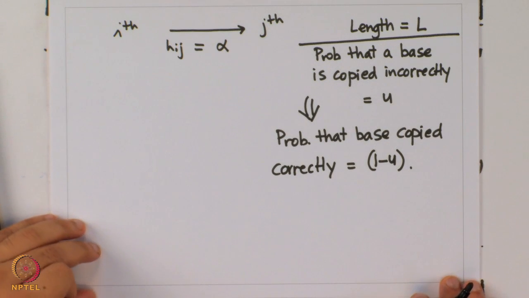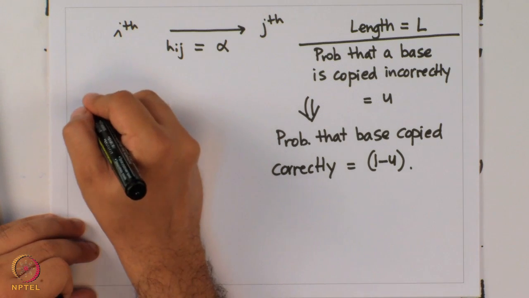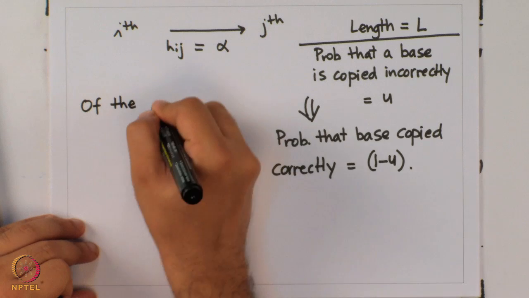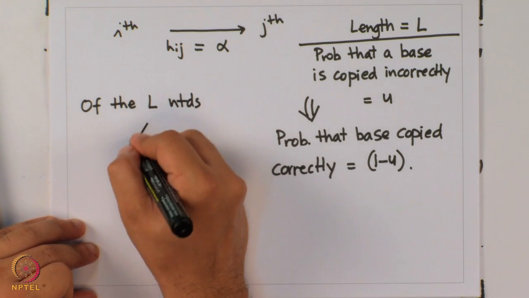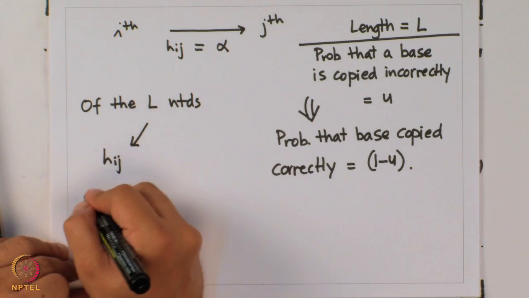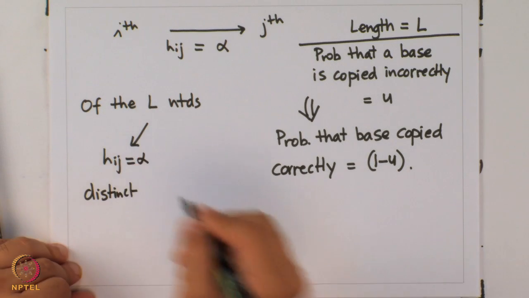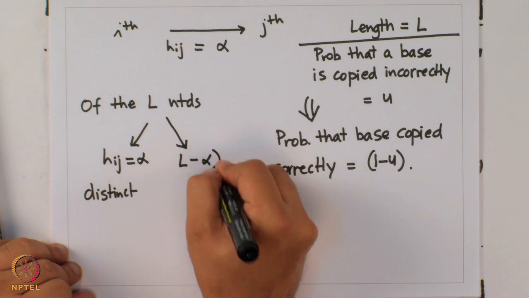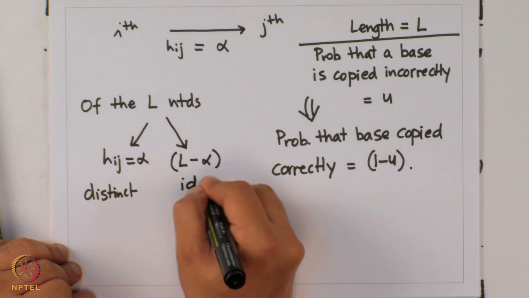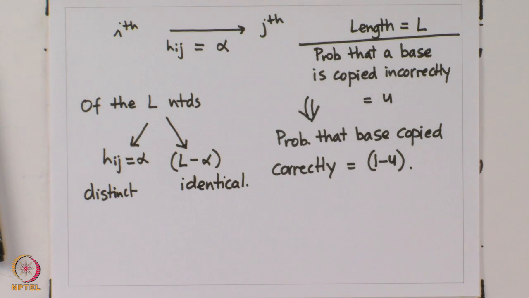All right. So, what this means is that of the L nucleotides in these two sequences, Hij are distinct, these are distinct, and L minus alpha are identical. We do not know the precise location of where the differences between the ith and the jth sequence lie.